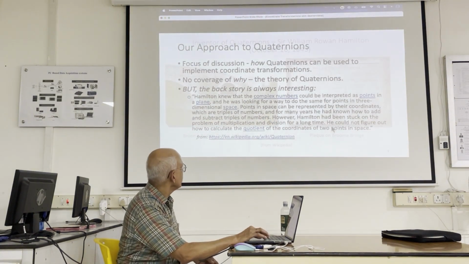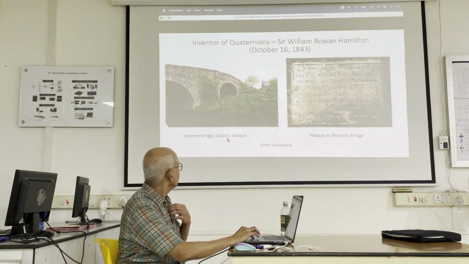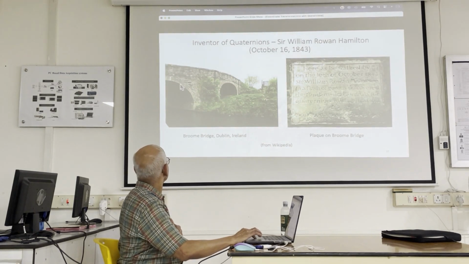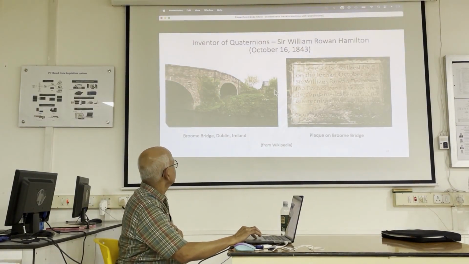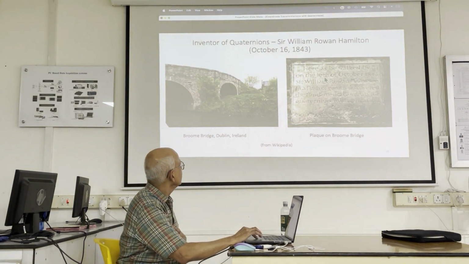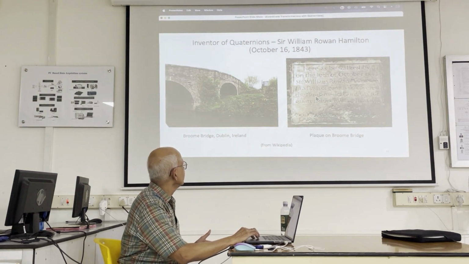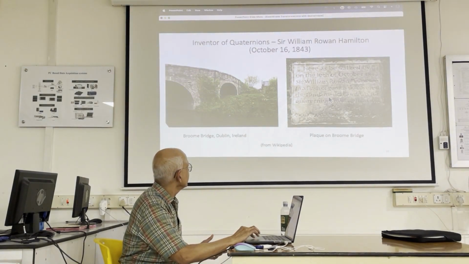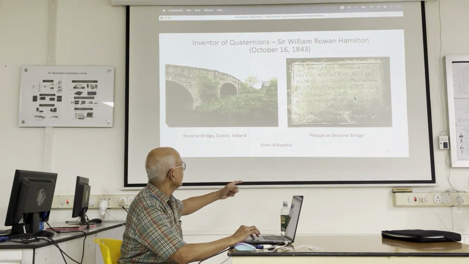And then this happened. This is a famous bridge in Dublin, Ireland. The plaque is somewhere on the side here. It's blown up here. As he walked by on the 16th of October, 1843, Sir William Rowan Hamilton, in a flash of genius, discovered the formula for quaternion multiplication.